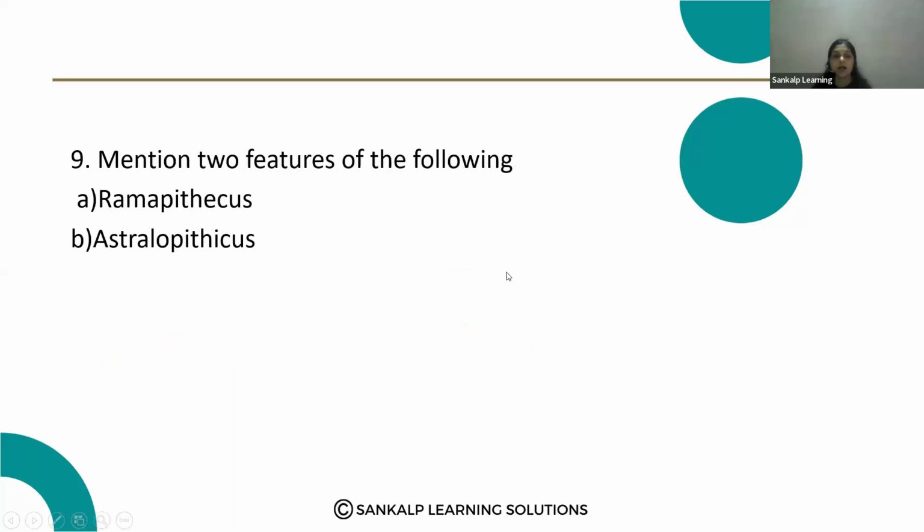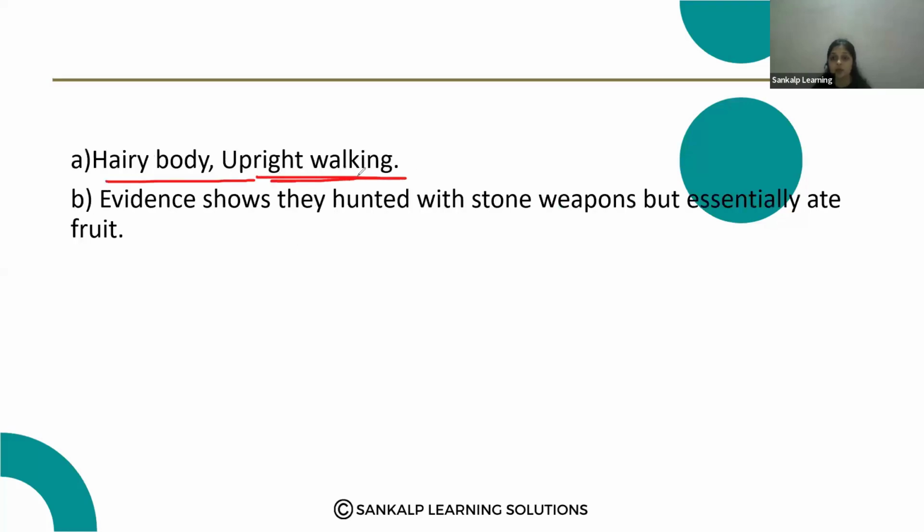Next question. Mention two features of the following: Ramapithecus and Australopithecus. You have to write two features of these humans. What are the characteristics of Ramapithecus? Ramapithecus had a hairy body and upright walking. They were not walking like chimpanzees or apes, so they are more man-like.